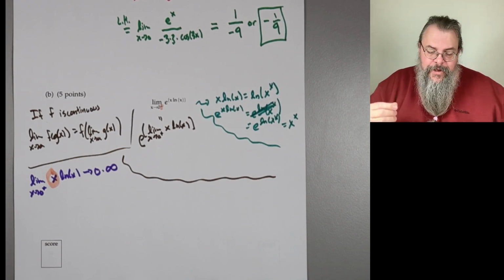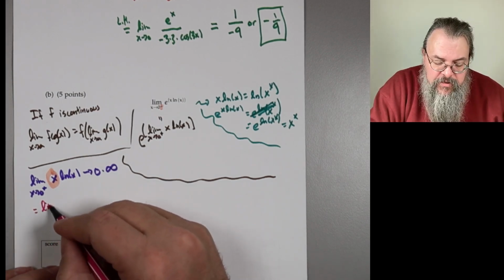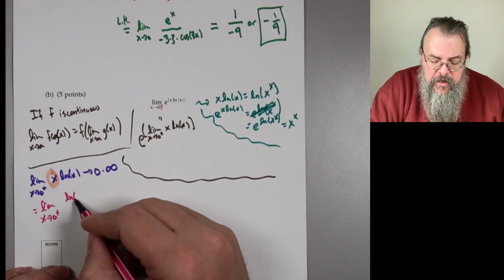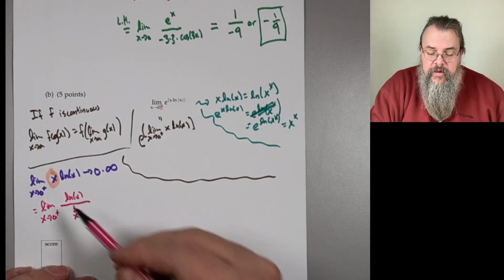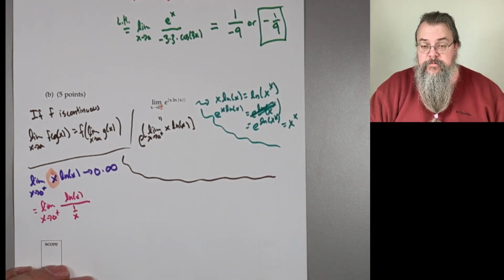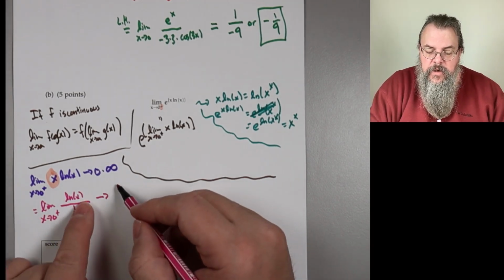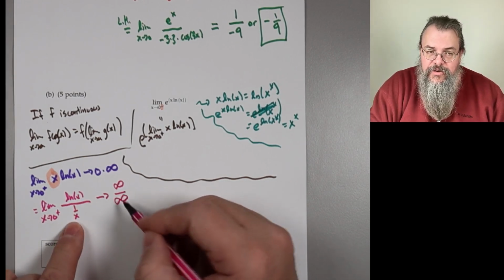Okay, so with that in mind, we're going to say, hey, this is really the same as the limit as x goes to 0 of log of x, and then downstairs is that 1 over x. So this is the x moved down. Now upstairs we still are getting huge, and downstairs we're getting huge.